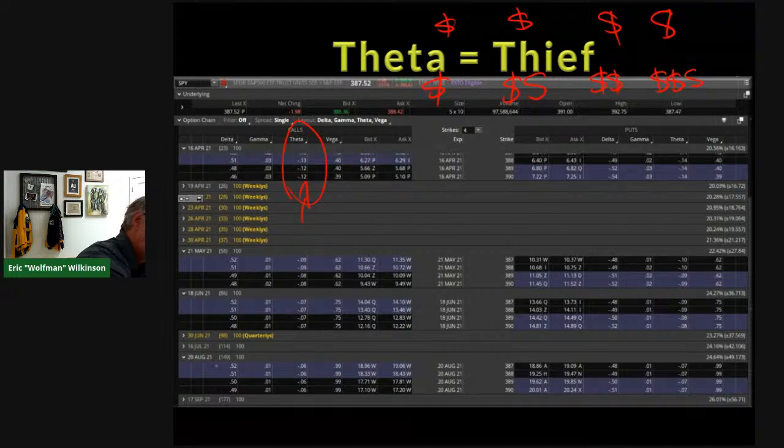So we want to get out here with longer duration options, basically even outside of 75 days, 70 days to expiration, because we can see that theta out here doesn't increase over the course of these 60 days. It only increases by 3 cents over this 60 days and all the way into almost 100 days.